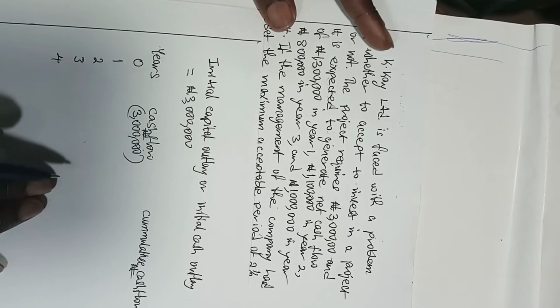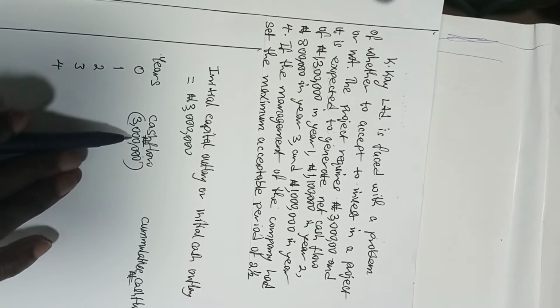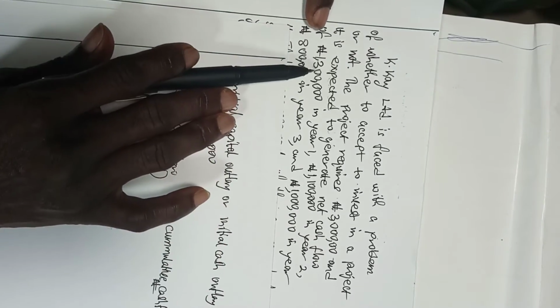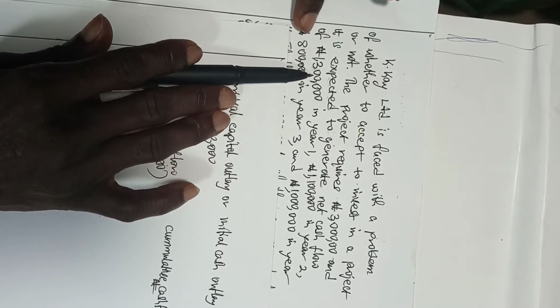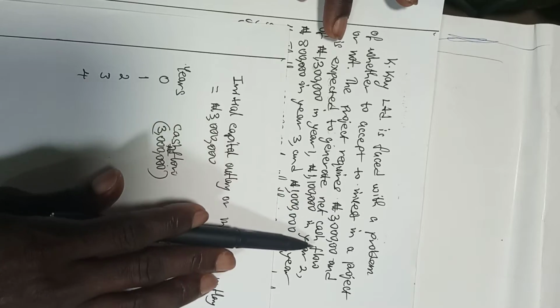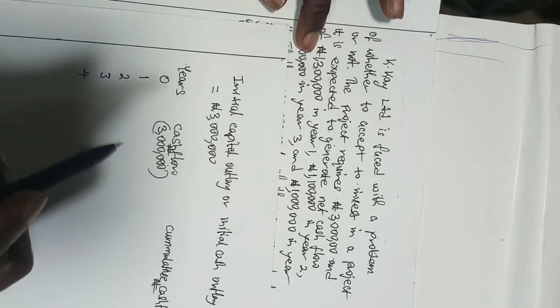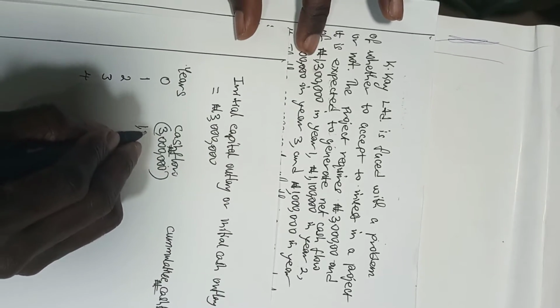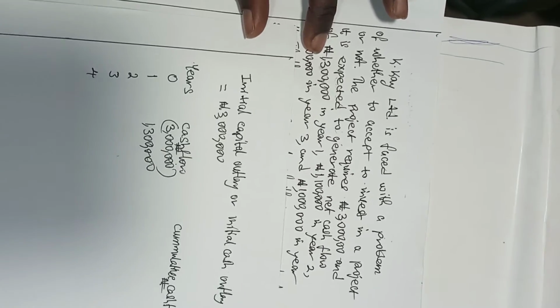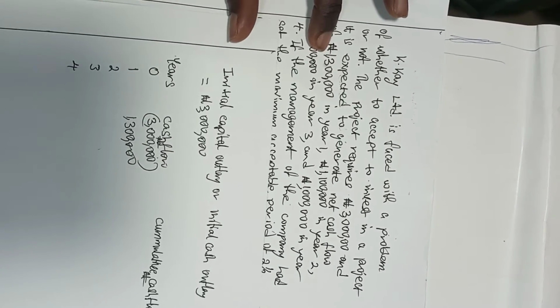So in year 1, this 3 million will generate 1.3, because let's look at the question. It is expected to generate net cash flow of 1.3 in year 1.